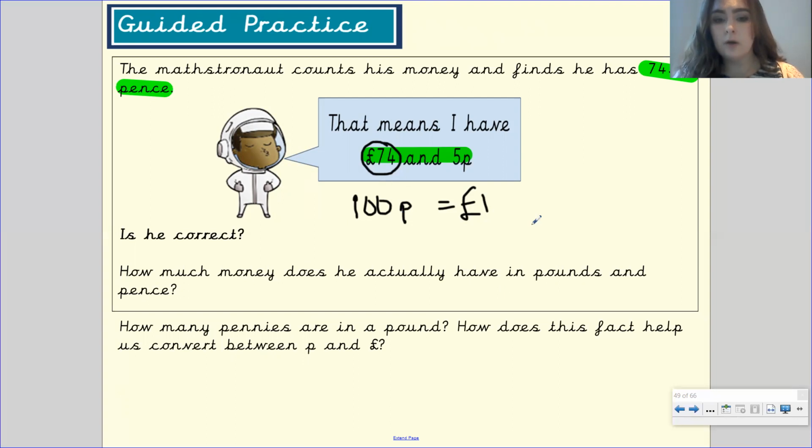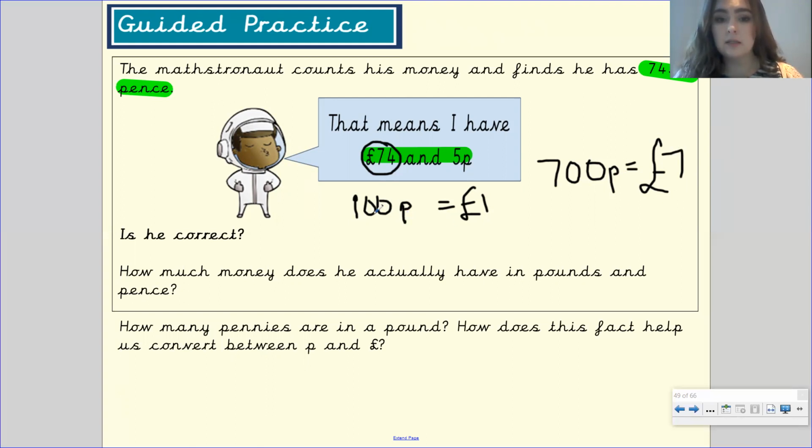So if we know that 100 pence equals £1, what would 700 pence equal? Pause the video and have a think. Well done if you said it would be £7. Because 100 pence is the same as £1, 700 pence would then be the same as £7.